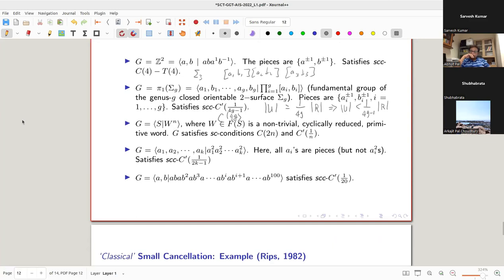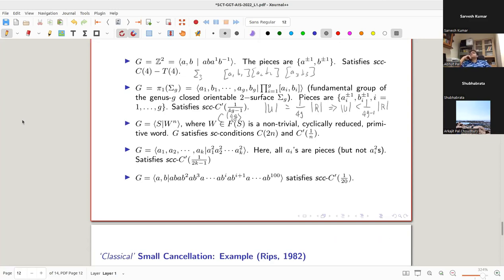Let's look at this example. Here you have this relator a1 square, a2 square, up to ak square, right? Now in a cyclic permutation, if you write it cyclically, what are the possible pieces? If we know what the possible pieces are, then we can measure whether they are small compared to the relator or not.